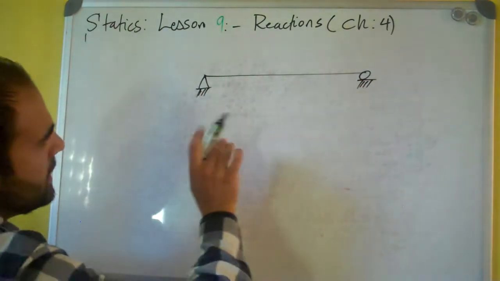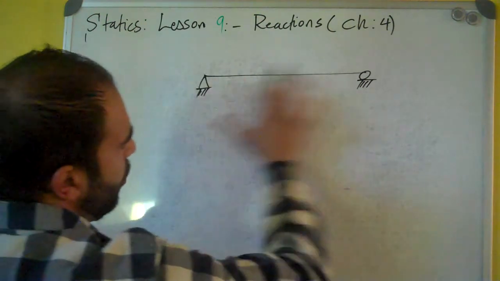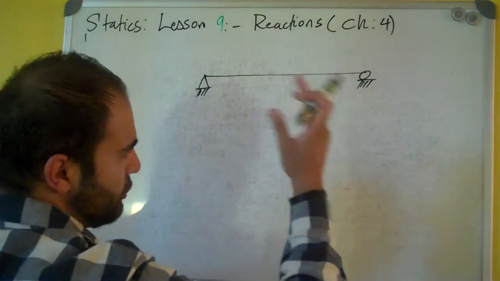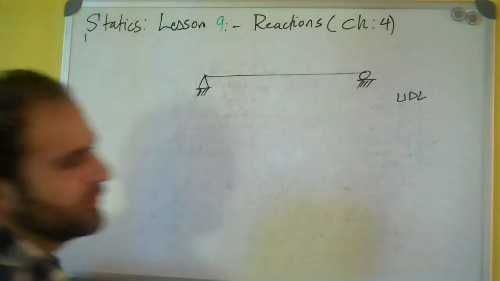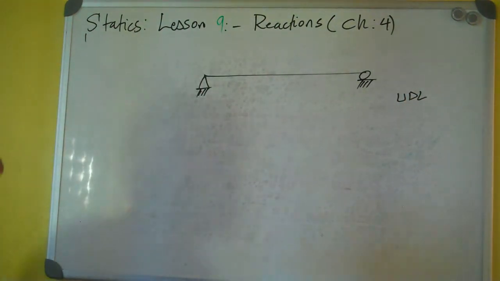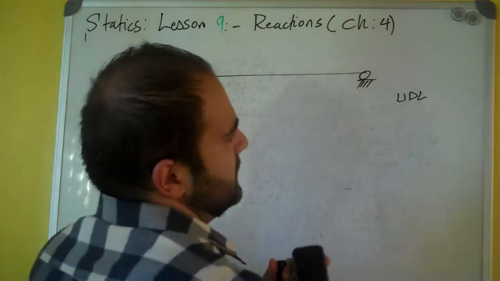a beam. You're going to see me draw one line, that means a beam. Later on down the stretch we're going to talk about UDL and non-UDL, uniformly distributed load, or sometimes called EDL, evenly distributed load.